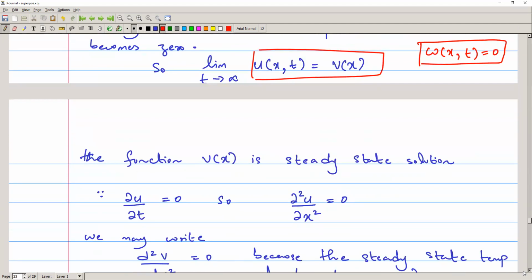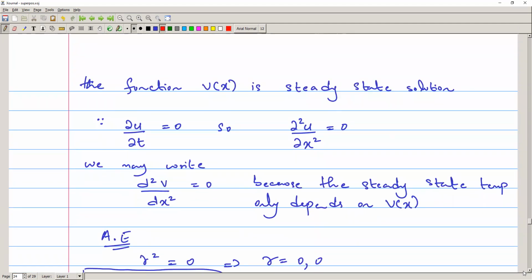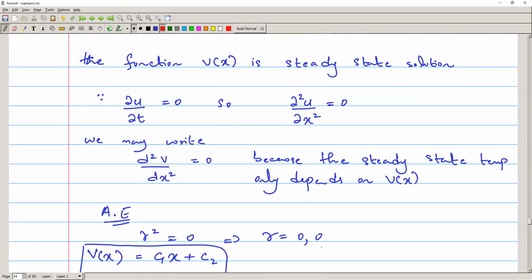So now how to approach the problem is, if a heat equation is given, say ∂u/∂t = c² ∂²u/∂x², then we know that for a steady state this ∂u/∂t is equal to 0.